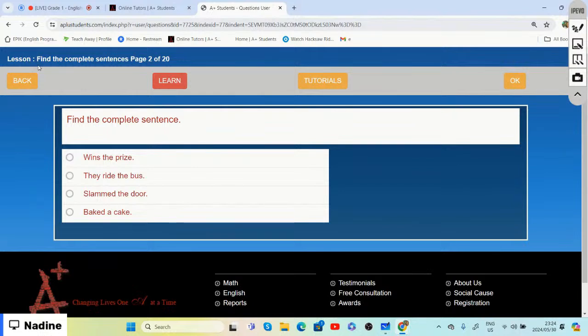All right. And if we were to select the complete sentence, right, then yes, option two would be our correct sentence, right?